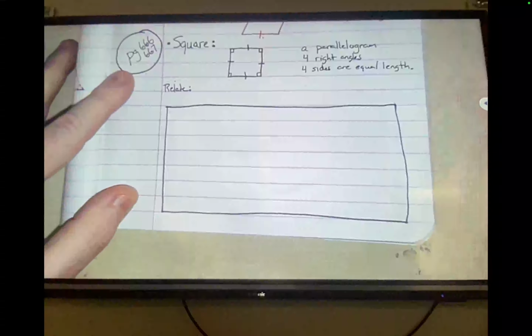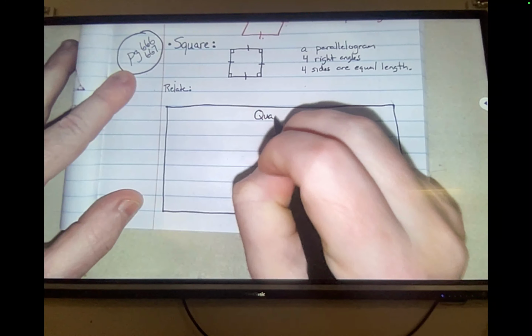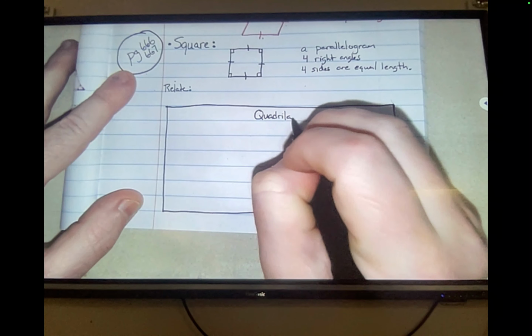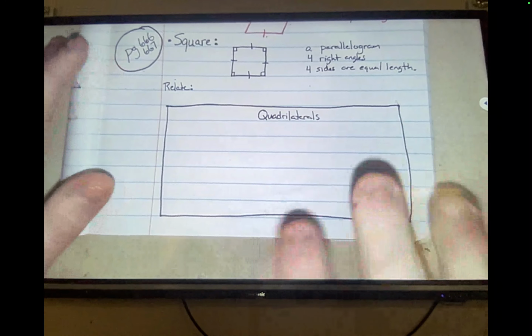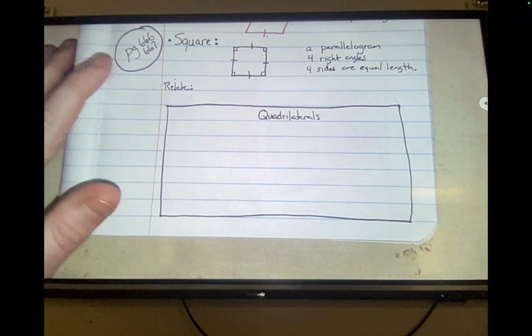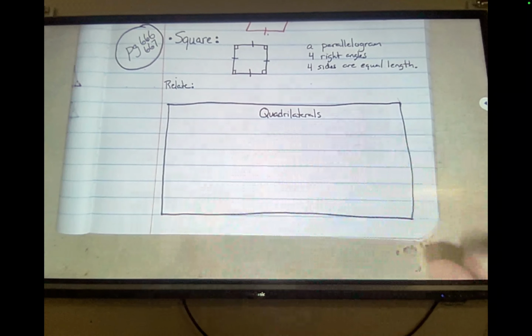So at the very top, this whole thing is quadrilaterals. Anything that I put in this shape is a quadrilateral. A quadrilateral, we talked about it already. It represents 4, right? So if it's representing 4 sides, then it could be any type of shape.